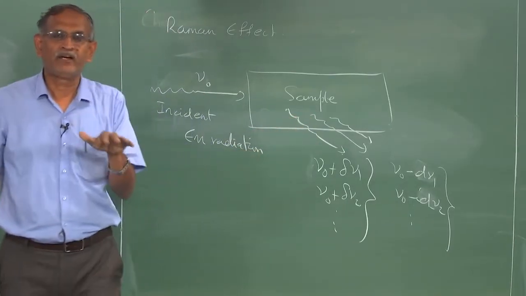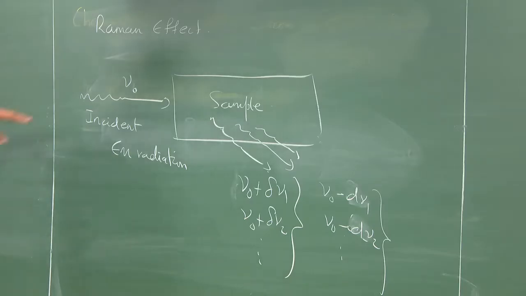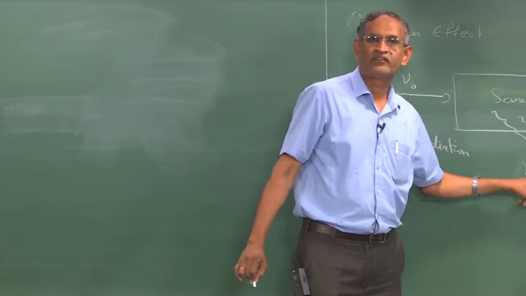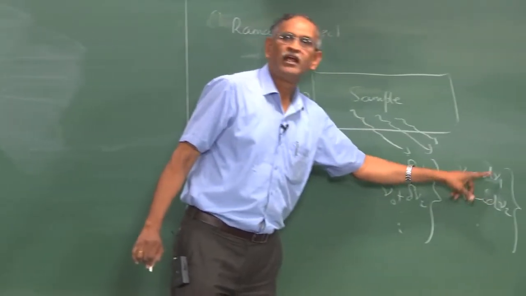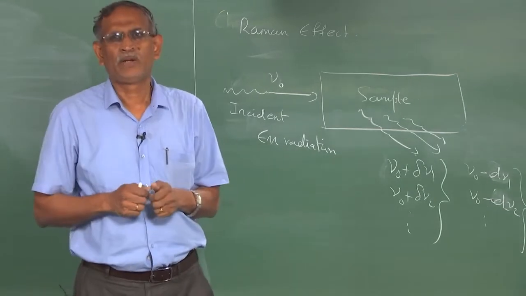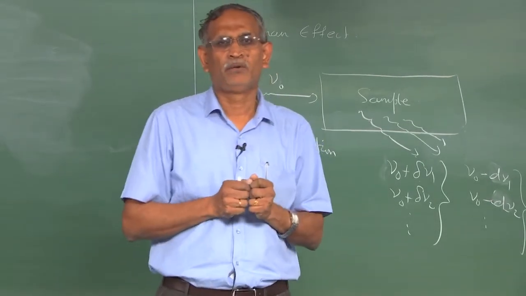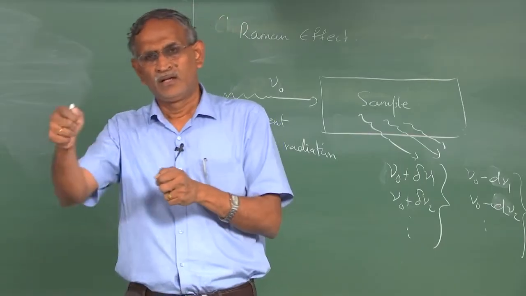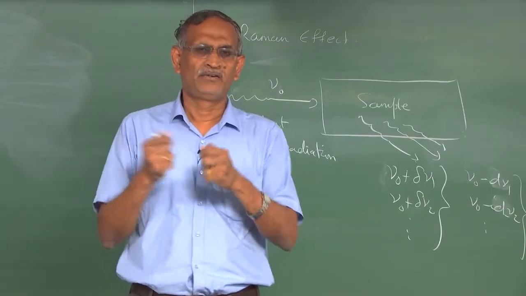That is, the scattered light has been modulated over the incident light frequencies by these additional frequencies or these depleted frequencies. It is somewhat easy to understand this from the quantum mechanical standpoint, why light that falls on the system comes back with different frequencies.